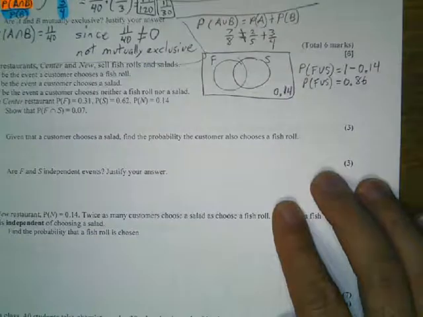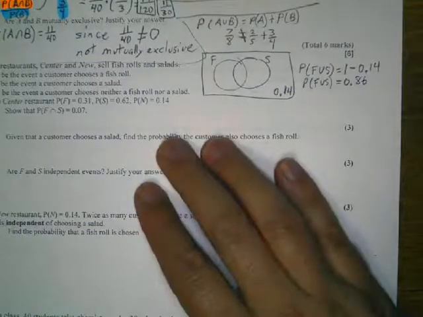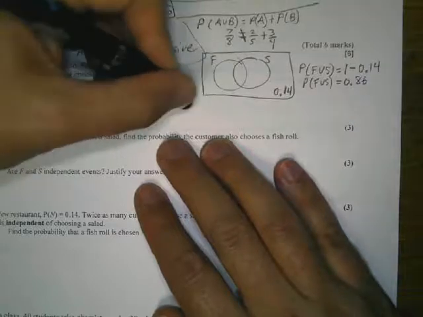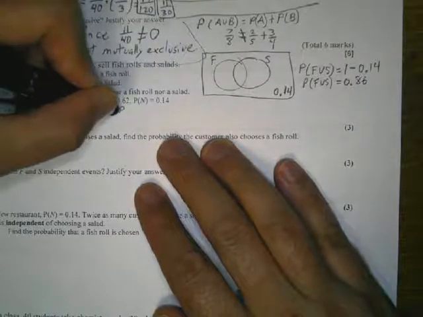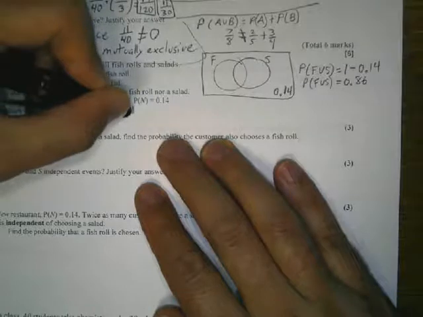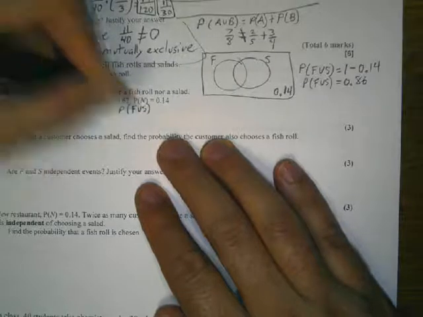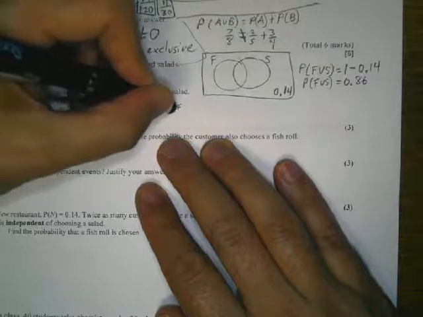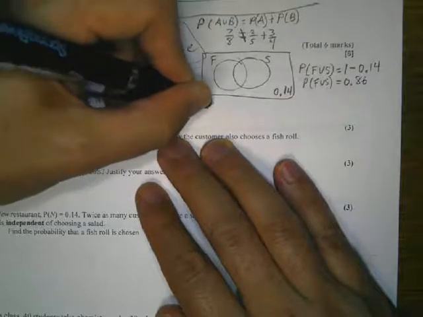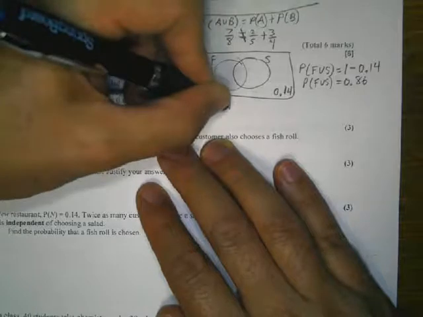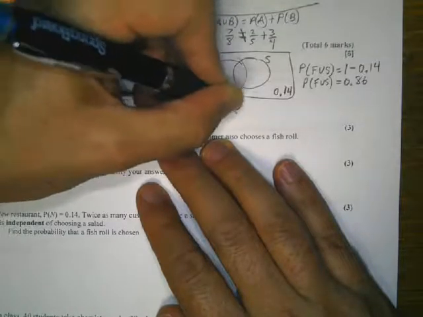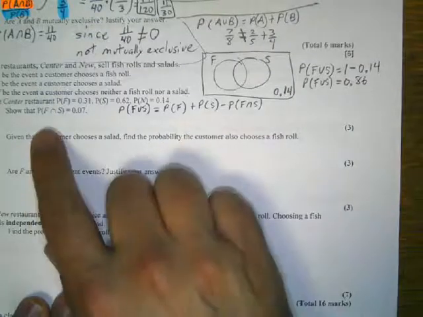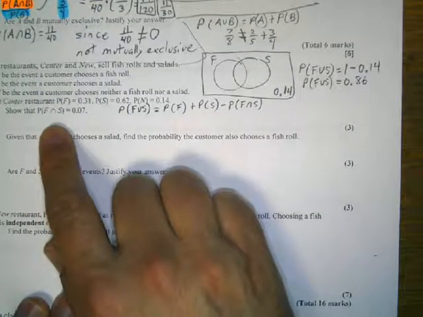Okay, so now I'm going to use our law of probability, which is the probability of the union of F and S is equal to the probability of fish plus the probability of salad minus the intersection. Right? So we want to prove that the intersection is 0.07.